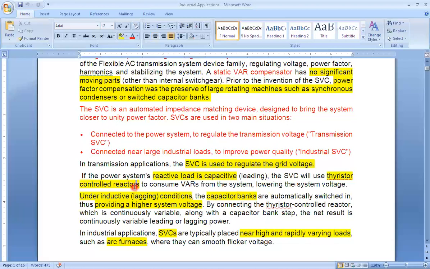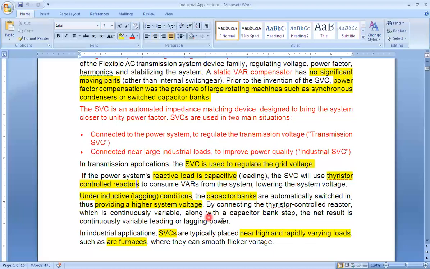And if the load is of inductive nature, if the load is inductive, inductive means current lags the voltage by an angle, that is lagging nature. So capacitor banks are automatically connected through thyristors and will provide high system voltage, है ना. कैपेसिटर को जैसे इंजेक्ट करेंगे तो विल गेट द power factor to the unity.